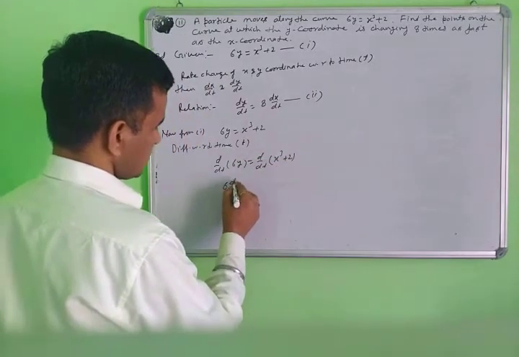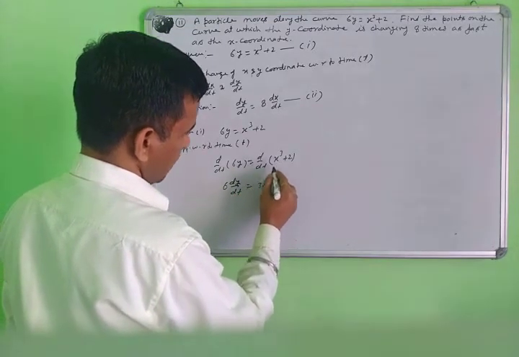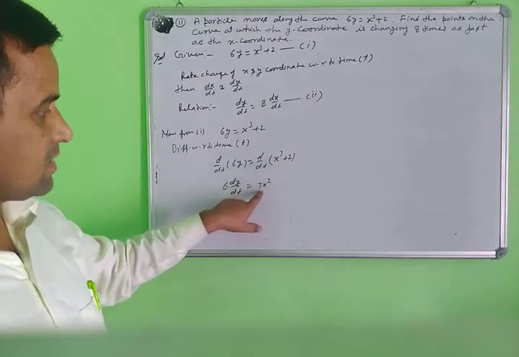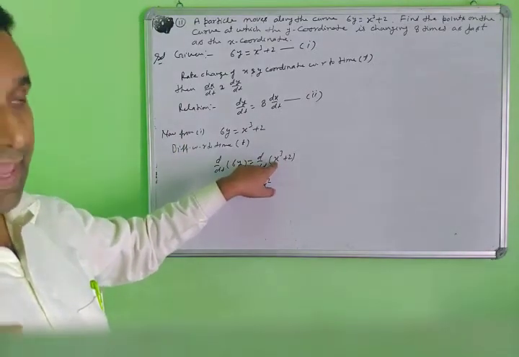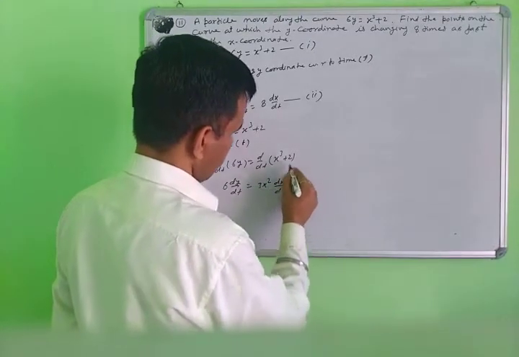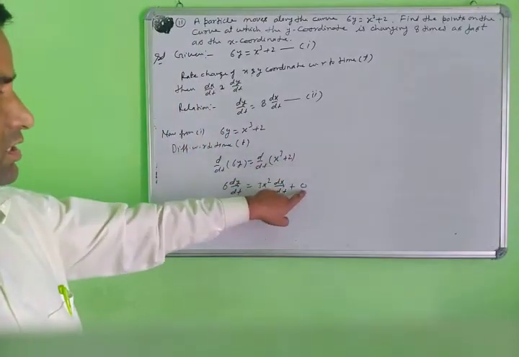Differentiate x cube first: 3x square, and differentiating x gives dx over dt. Here 2 is a constant, so its derivative is 0.